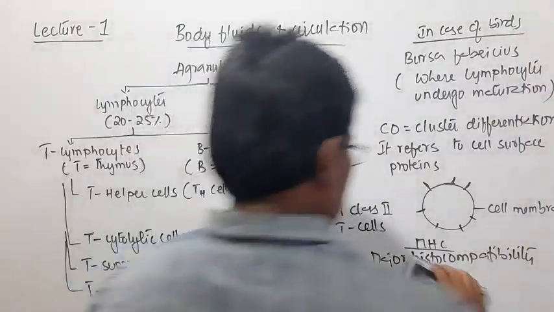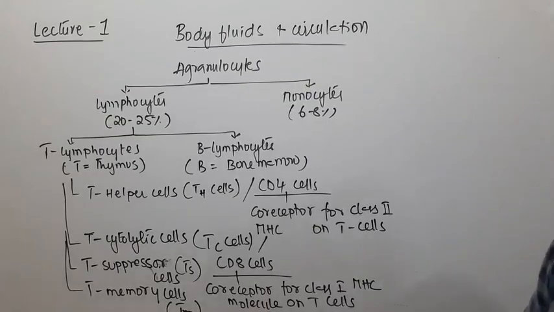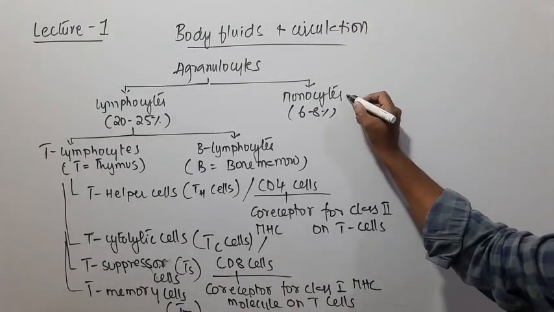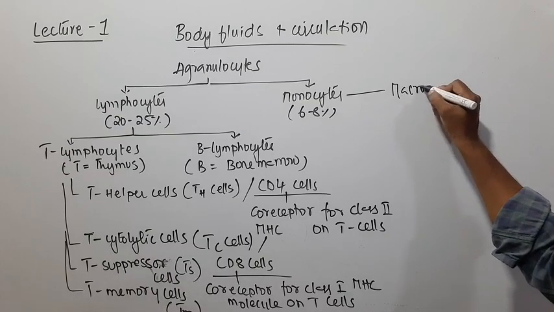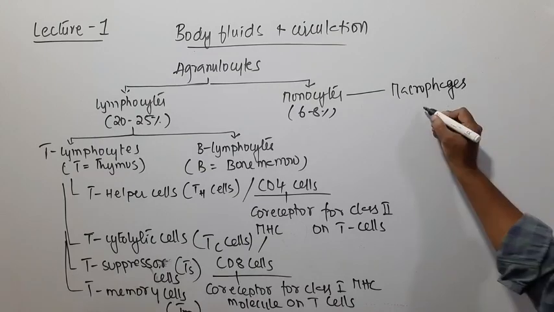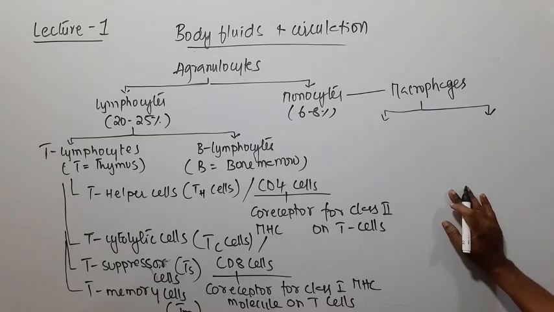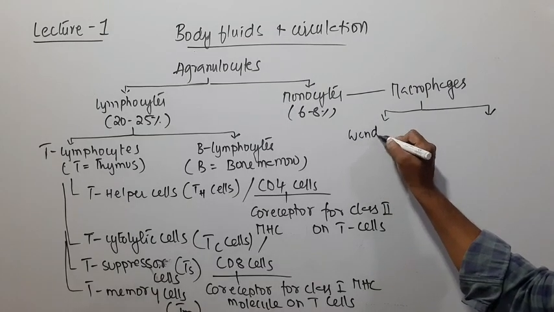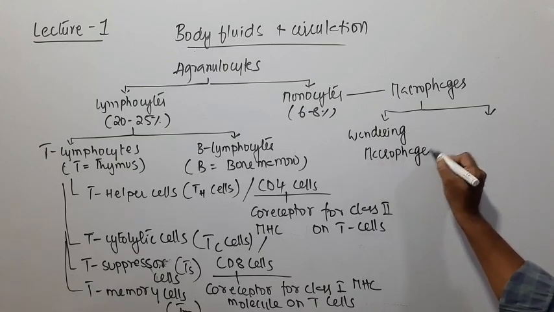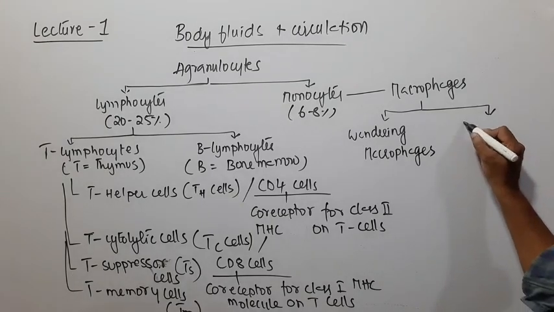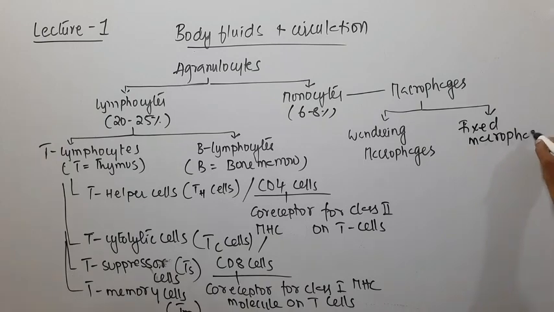The next one, we'll see about these monocytes. The monocytes form the macrophages. These macrophages I will be classifying into two types. One I call wandering macrophages, and another one fixed macrophages.